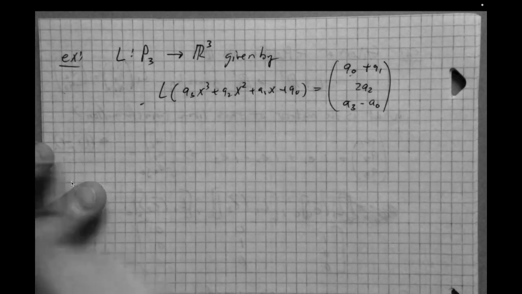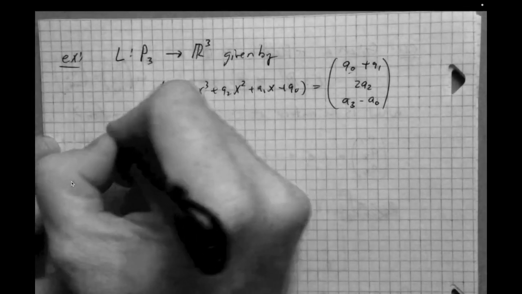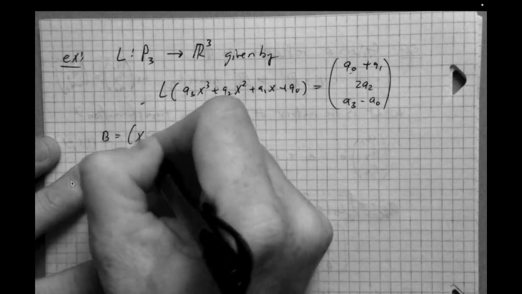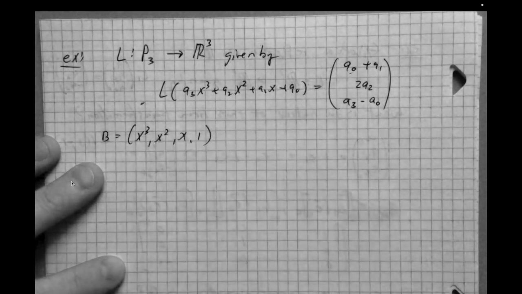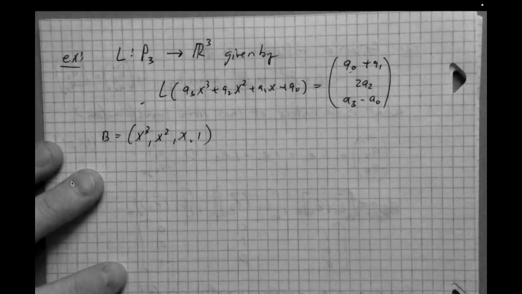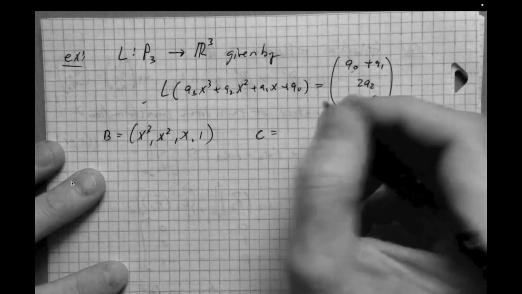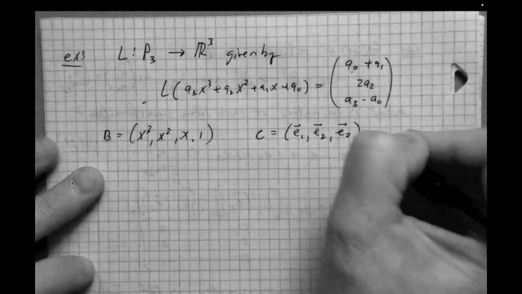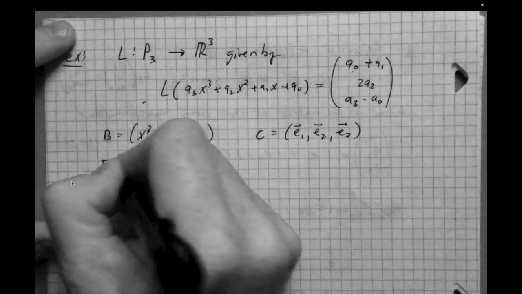And so let's think about what the standard basis is. We'll let B be the standard basis for P3, which we know is x cubed, x squared, x, and 1. And we'll let C equal the standard basis for R3, which is E1, E2, E3. What we're interested in is finding the matrix for this linear transformation.